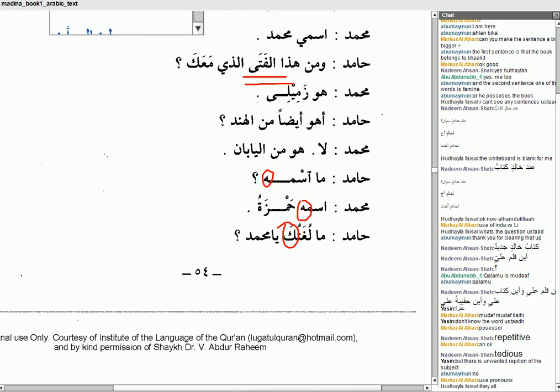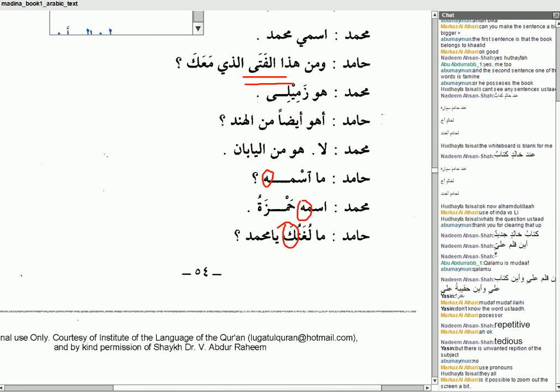And the second time we say Ali, we can replace his name with the dhamir who. And also after the second time we mention his name, who again.